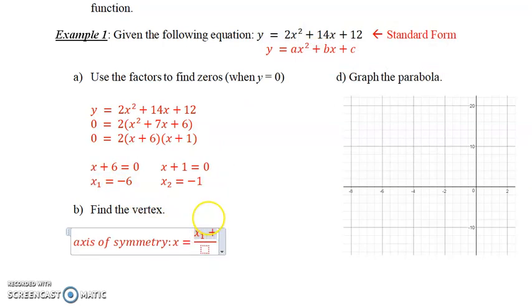x1 plus x2, divided by 2. So we simply average the values, so negative 6 plus negative 1, and that's all divided by 2, of course.